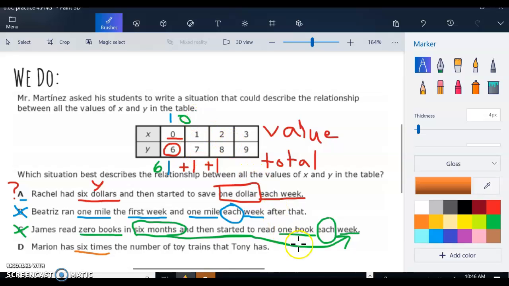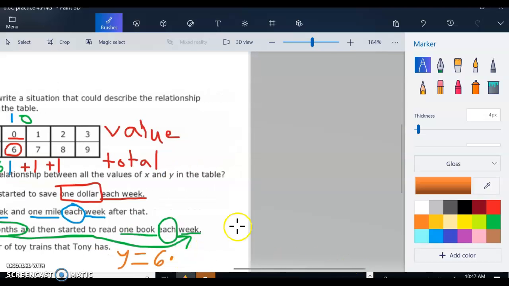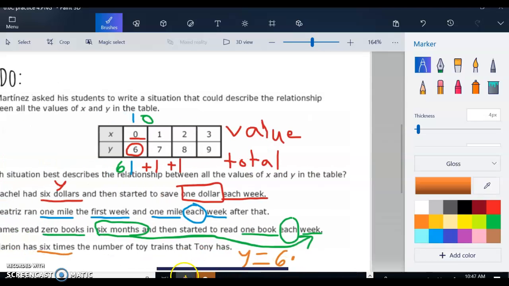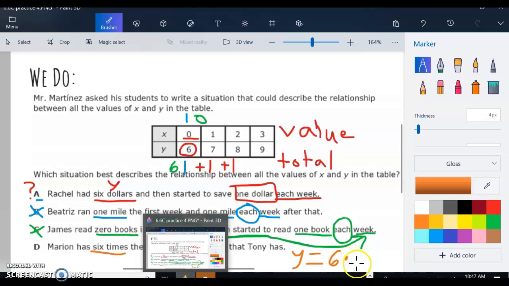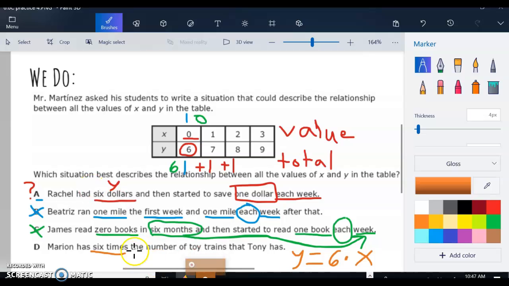Remember, the y has to be the total. So therefore, y in this equation will be equal to 6 times x, because she has 6 times the number of trains that Tony has. So y equals 6 times x.